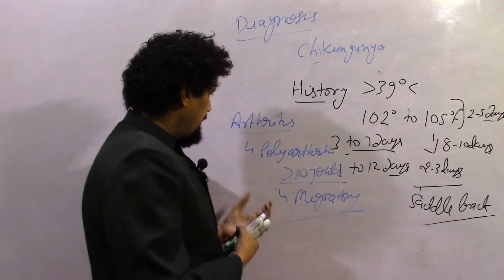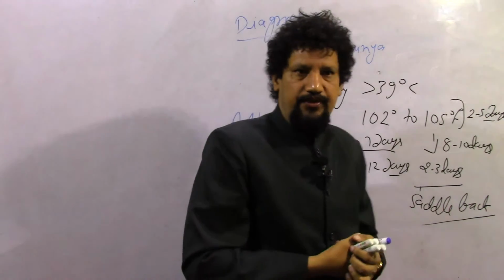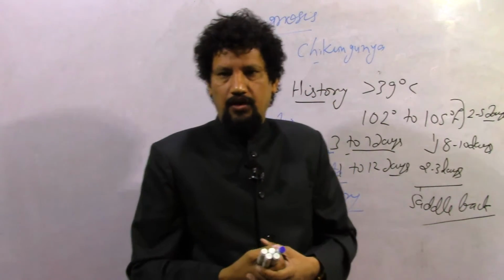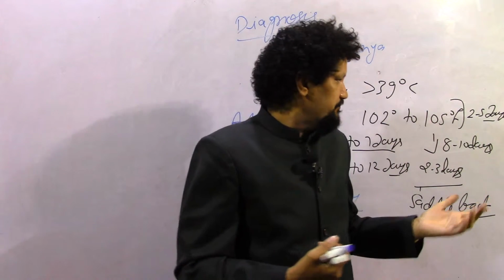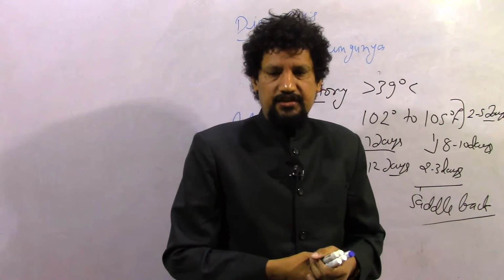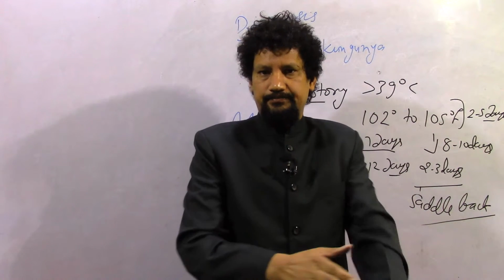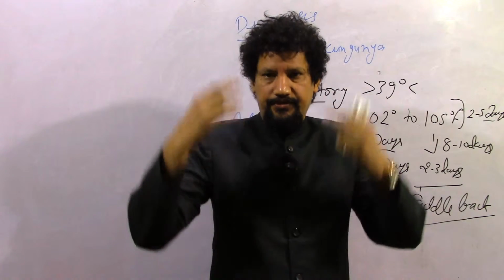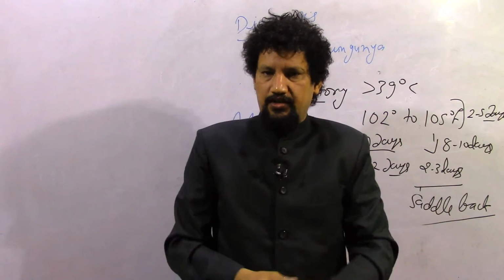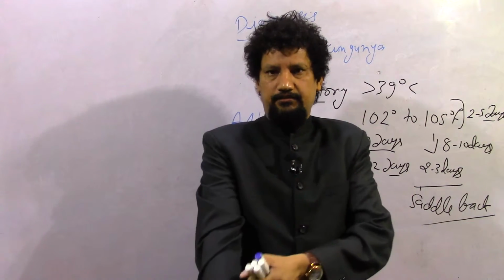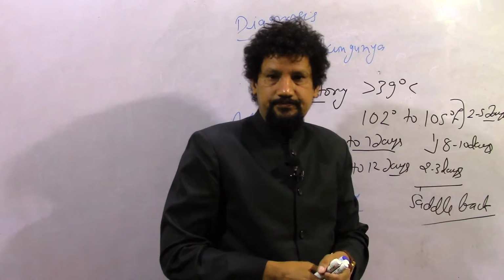And there are some other features like some prodromal features, sore throat, pharyngitis, headache, and the cutaneous manifestations of the chikungunya virus. Initially, there is flushing of the face and the trunk, and sometimes also flushing on the flexure parts of the upper and lower limbs.